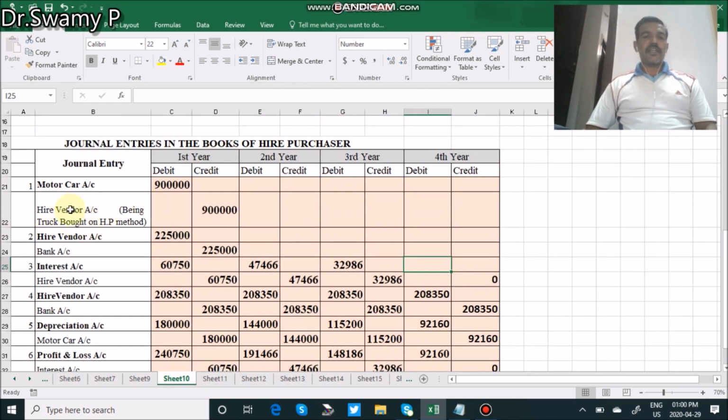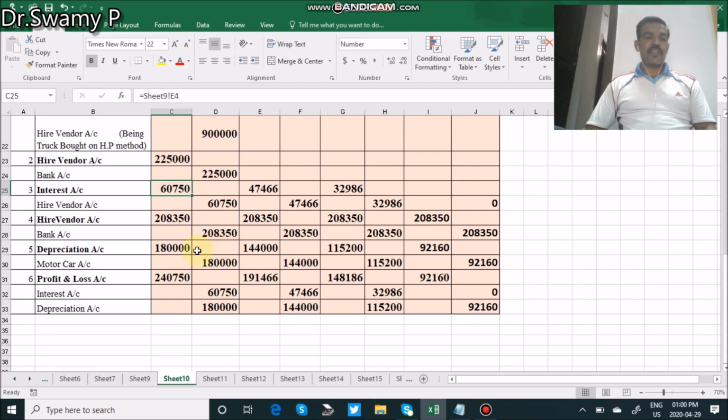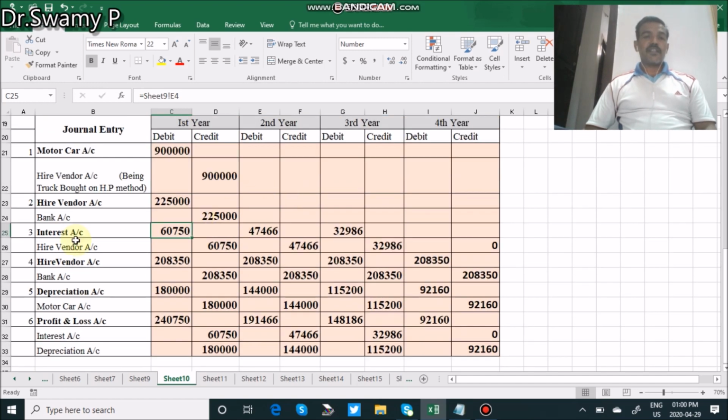See the first entry: motor car account debited to hire vendor account, 9 lakh cash price received, and hire vendor account debited to bank account, cash down payment received. First year interest amount is automatically 60,750, and installment amount paid in the books of the hire purchaser.